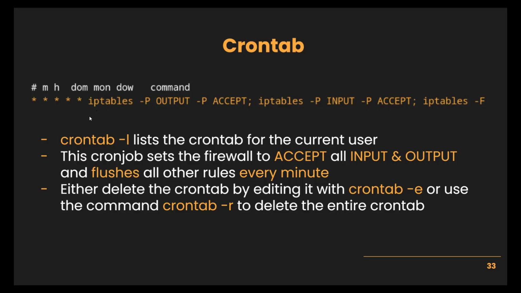But basically what it does is it made it so that it would accept all incoming connections and all outbound connections were allowed too, right? And then here, iptables -F, what this does is any other rule that you set will be flushed if you don't delete this crontab, right? So then we see you need to do crontab -e to edit the crontab and then just delete the line.